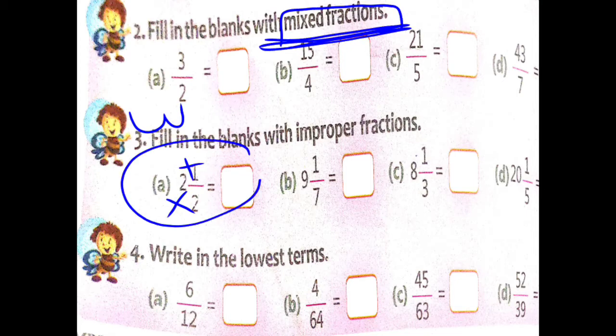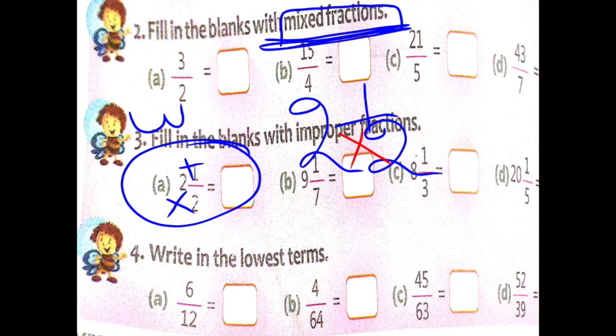We are talking about this example that is given, 2 of 1 upon 2. How will you solve it? We will multiply this with this and then add the resulting value. How? 2 2s are 4 and the resulting value is 4. We add this resulting value to 1, then it becomes 5.